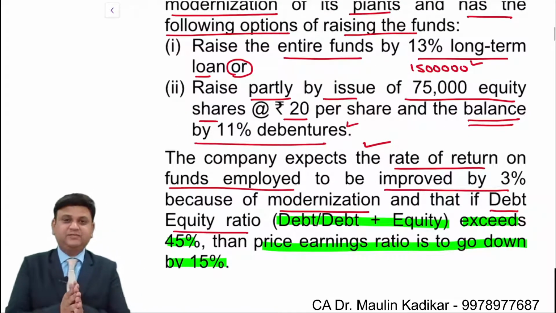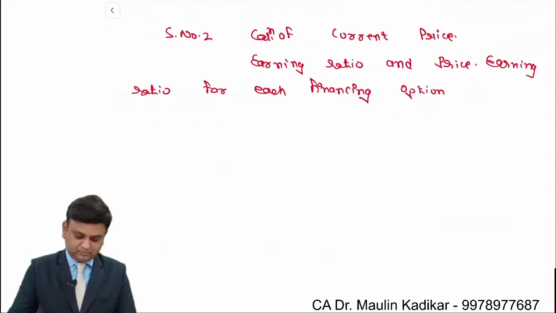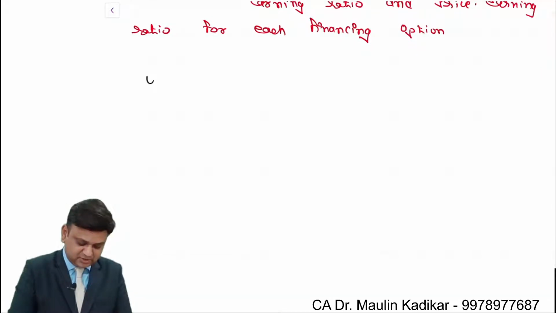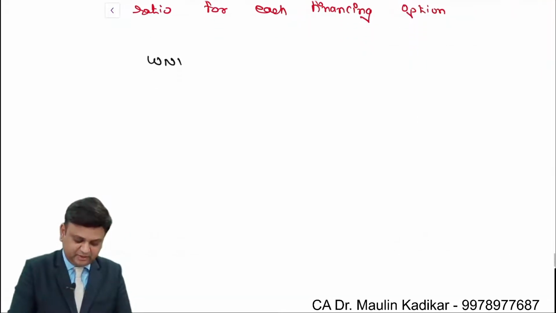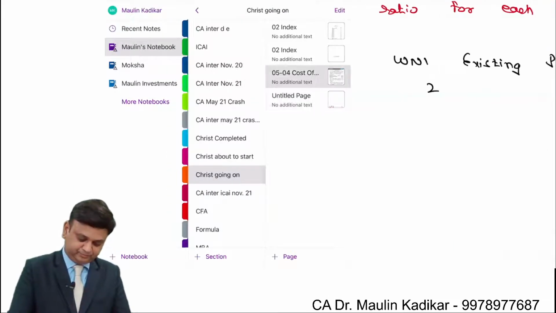So what happens, let's say we are required to make the computation like this. Everybody is requested to pay attention. We will make the computation like this. Working note number 1. Existing price earning ratio. Working note number 2.